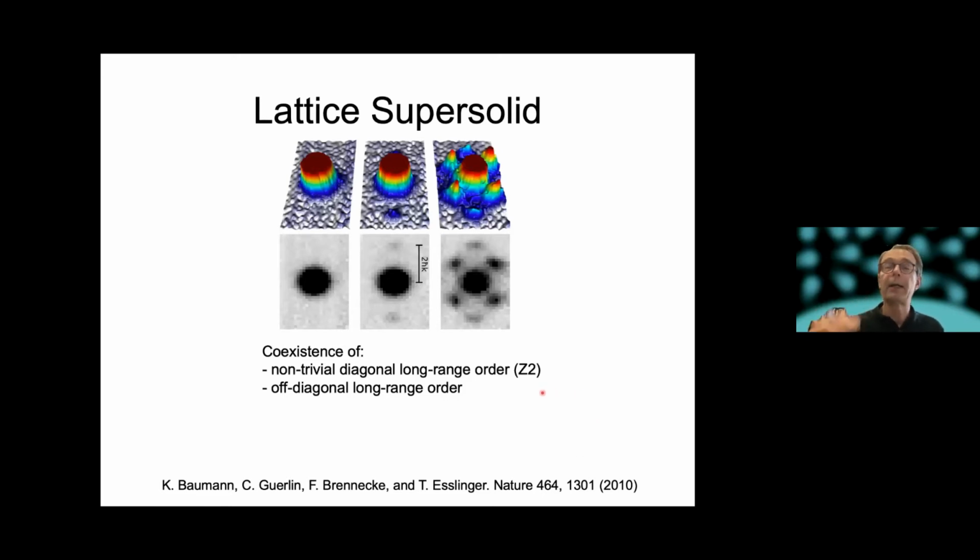Why a supersolid? The definition of a supersolid is that you have a combination of off-diagonal long-range order, which is basically a superfluid, and a non-trivial diagonal long-range order. So that's a density order, and non-trivial refers to the fact that you have a density-modulated wave function.